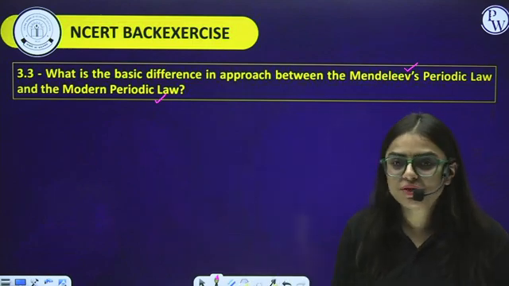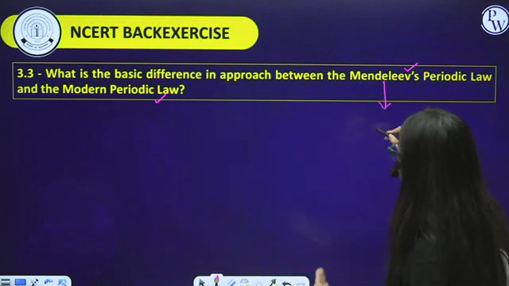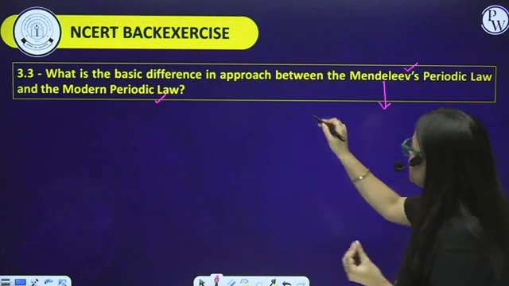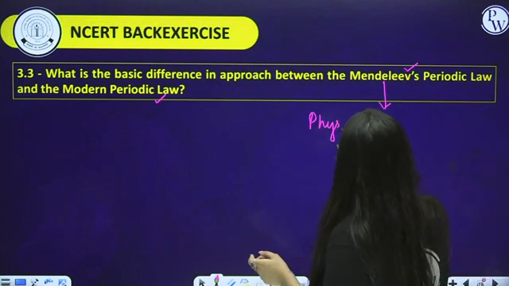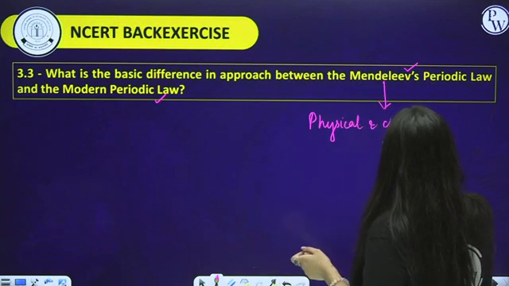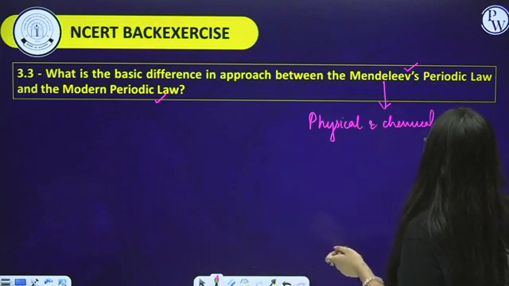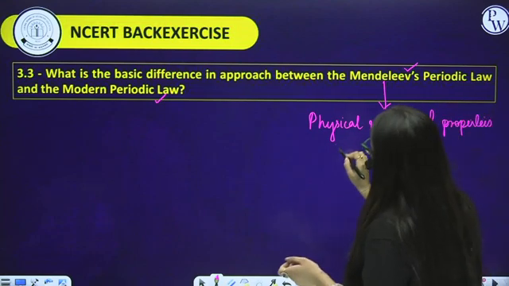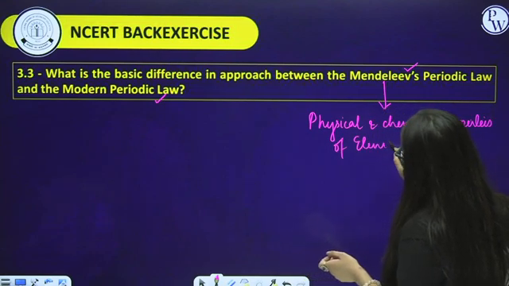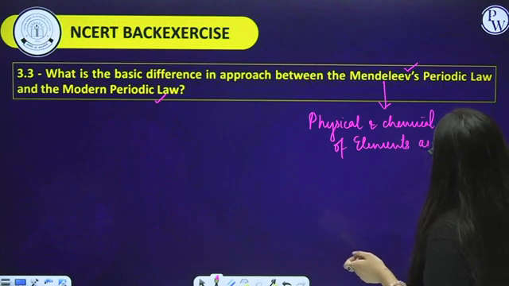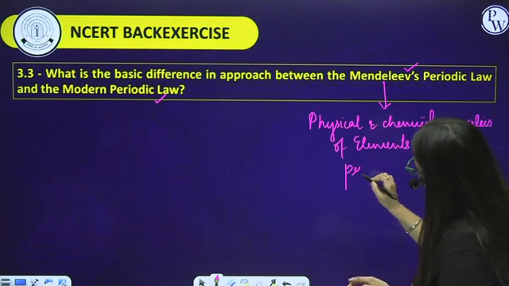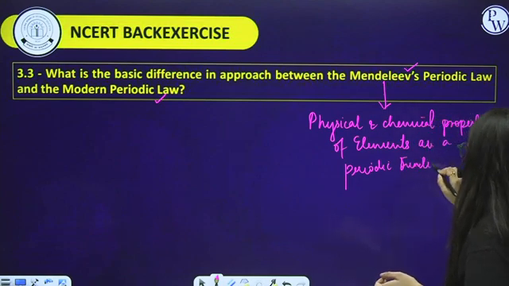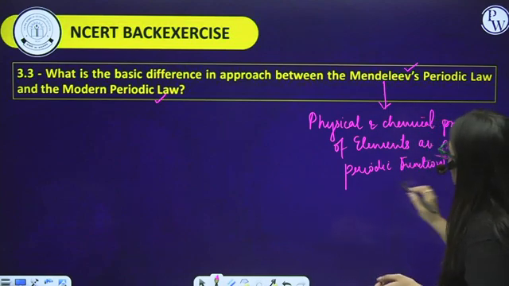So students, Mendeleev's periodic law basically put emphasis on the fact that physical and chemical properties of elements are a periodic function of atomic mass.